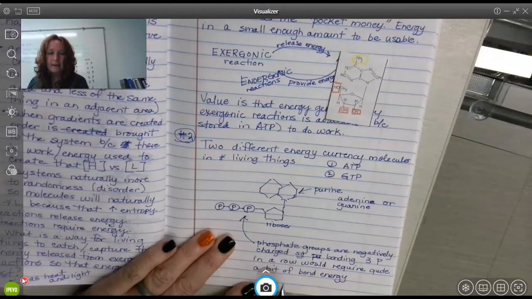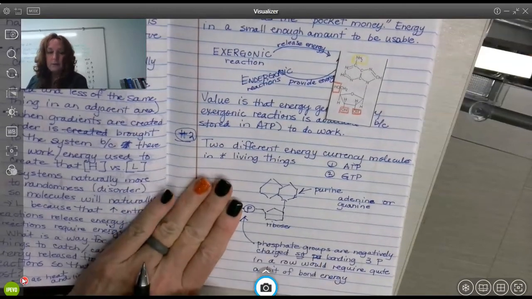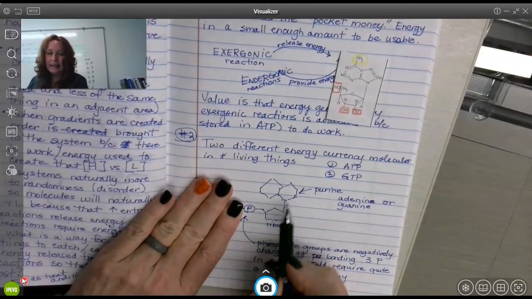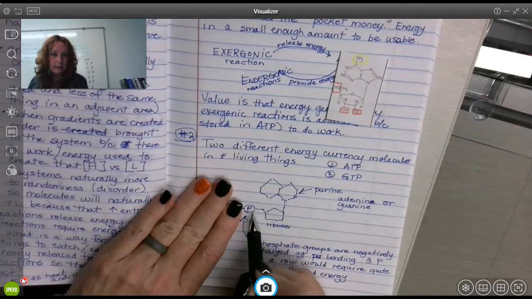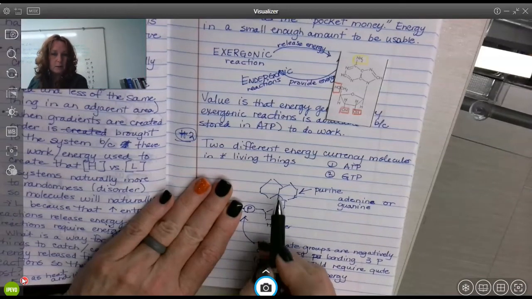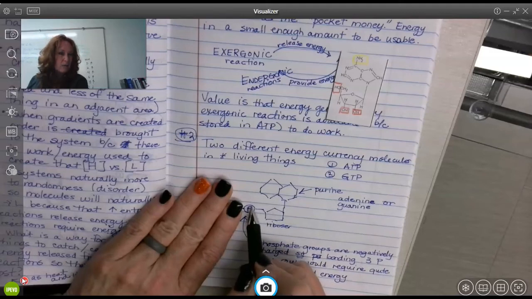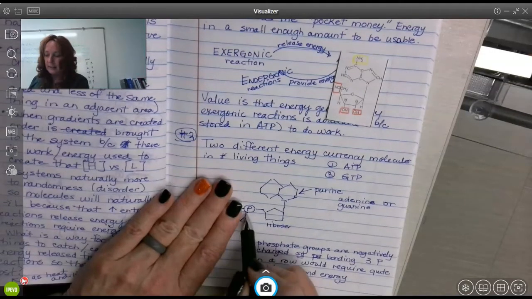So if we think about it, if we had AMP, which is adenosine monophosphate, adding that phosphate to this nucleoside, it's not pushing against, fighting against, charge-wise, anything.